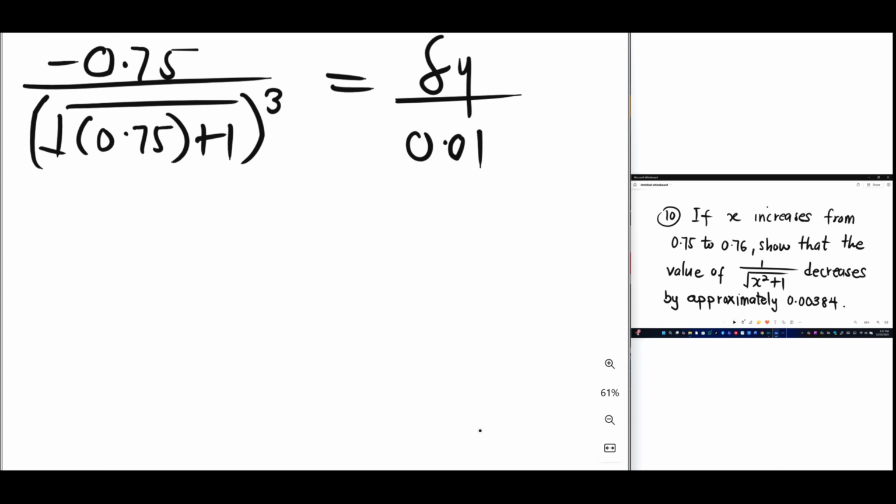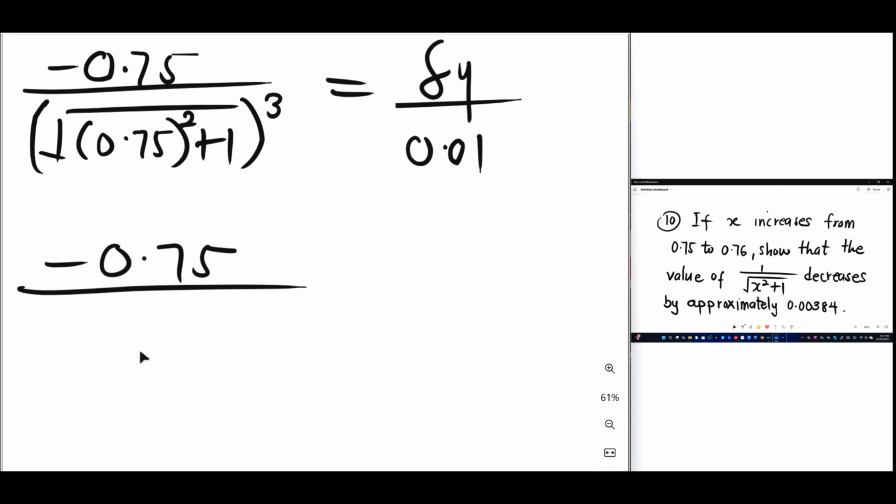Okay, so now we are going to get negative 0.75. Then we work on the one in the bracket. Sorry, there should be a square over here, alright. So 0.75, we now work on the 0.75 to see if we are going to get the same answer. Now work on the square root, that's the denominator.